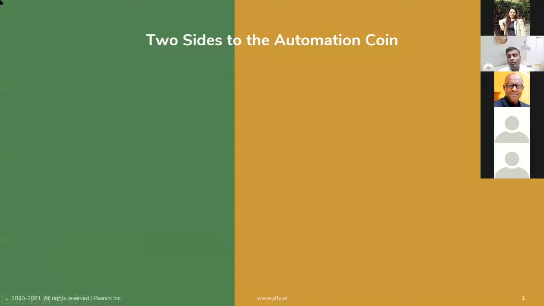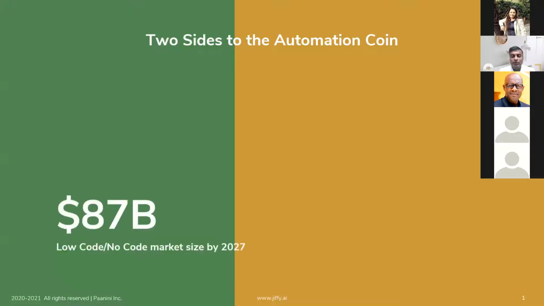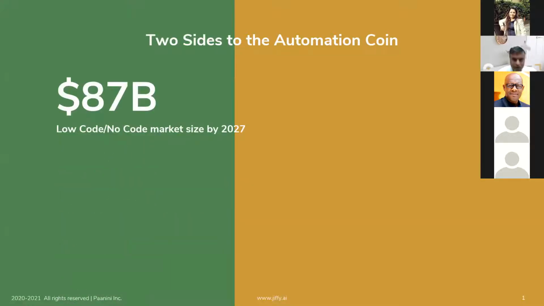Now I'd like to introduce a couple of concepts. There's been a lot of talk about AI, low code, no code, RPA, etc. So is it hype or is it real? What the industry is showing is that the size of the low code, no code market is going to get to close to 100 billion in a few years from now. Technologically, no code sounds fancy, but what does it actually mean?